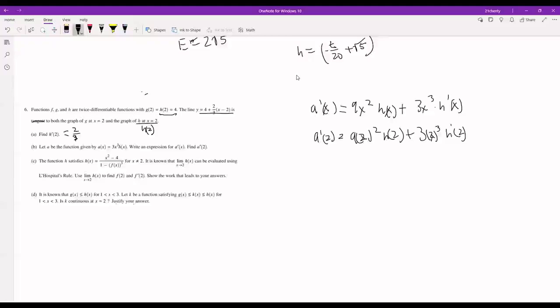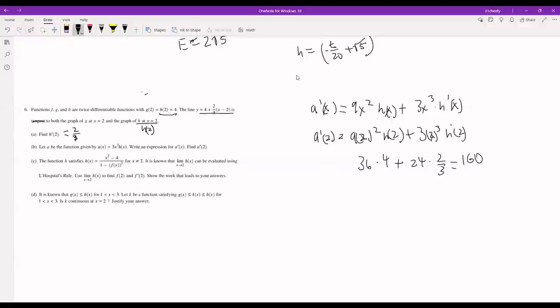So we can just simplify this out. 9 times 2 squared is 36 times 4 plus 24 times 2/3, which is 160. So those are our two answers for part B.